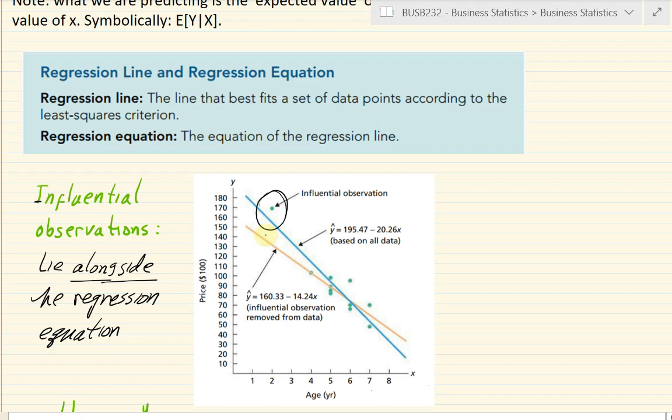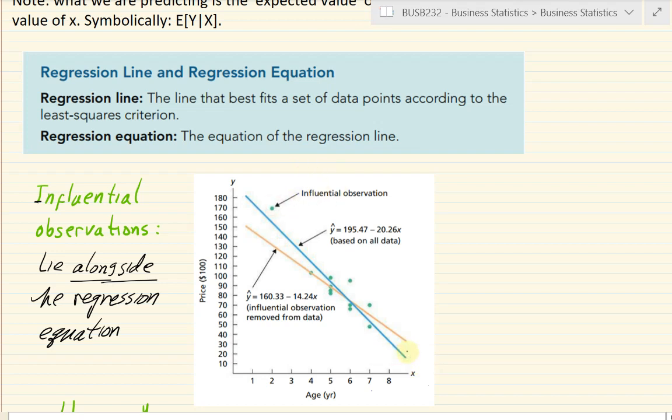Influential observations are those points that lie alongside the regression line. For example, look at the blue line here. I'm going to draw a dot down here in the lower right corner. That's going to be an influential observation. It's far away from the rest, but it's still alongside the regression line. So these are called influential observations.